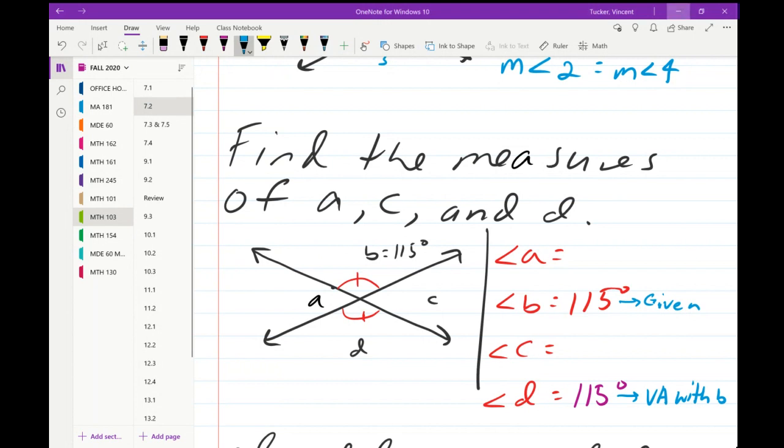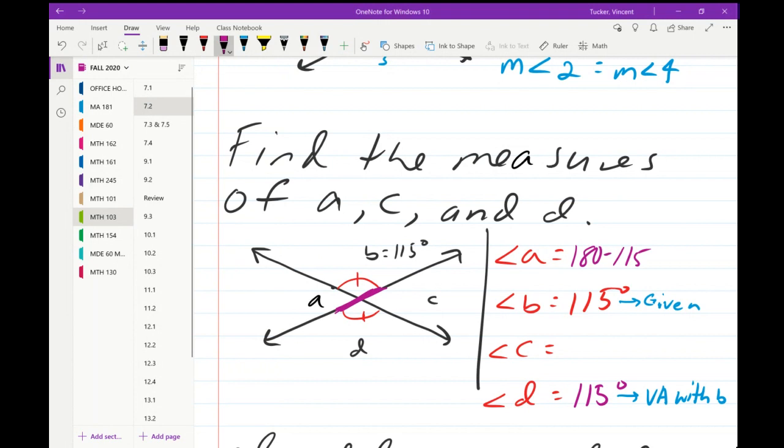Looking at the next two to find, it doesn't matter which one you find first, whether it's A or C, but you recognize that a straight line is created between the two, a straight angle. So you would take 180 minus 115.